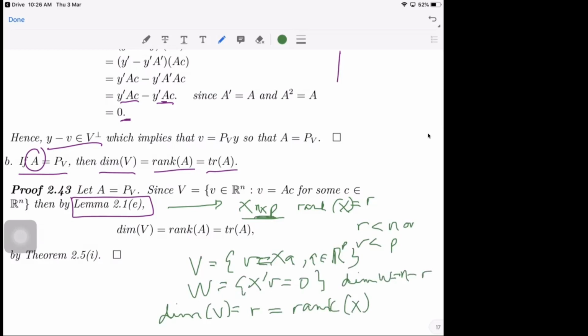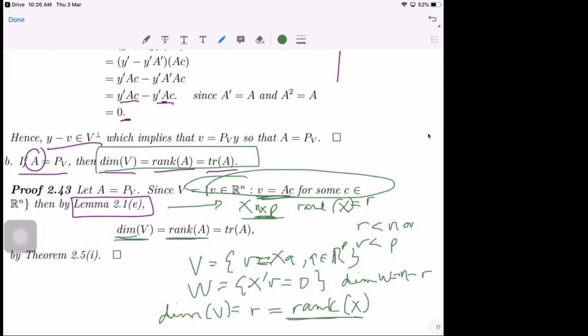So our subspace V takes the form of AC for some C. This directly follows that the dimension of V is equal to the rank of X. But our X here is A, so that will be equal to the rank of A. And theorem 2.5i tells you that it's equal to the trace: if the dimension of V is P, then the trace of PV is P. So whatever the dimension of V is, that will be the dimension of your projection.